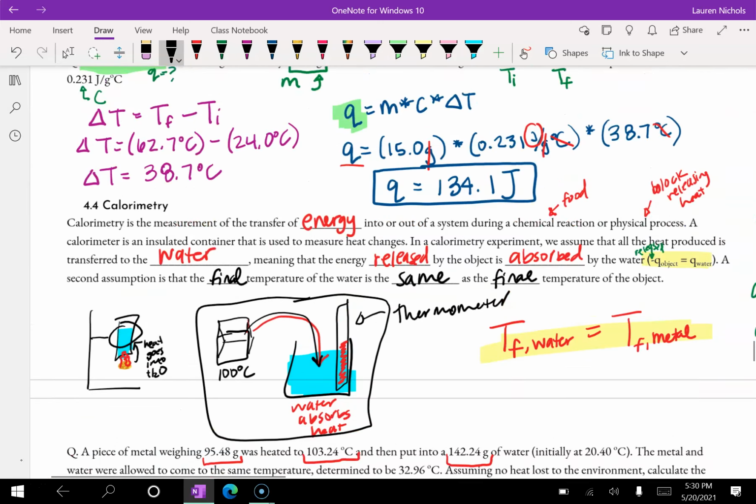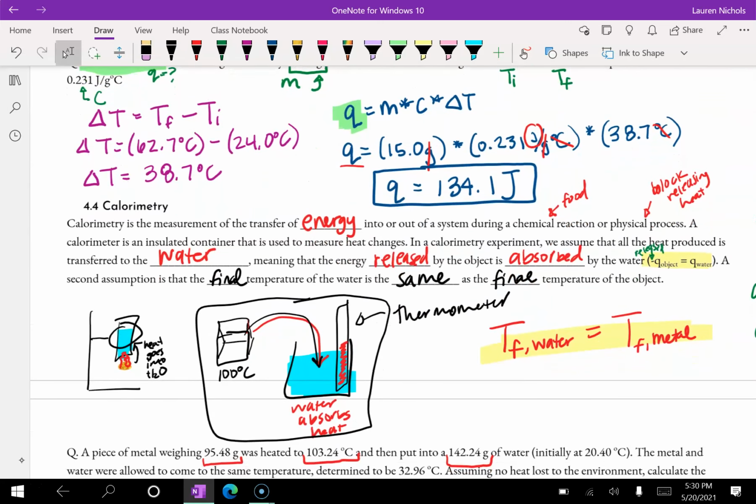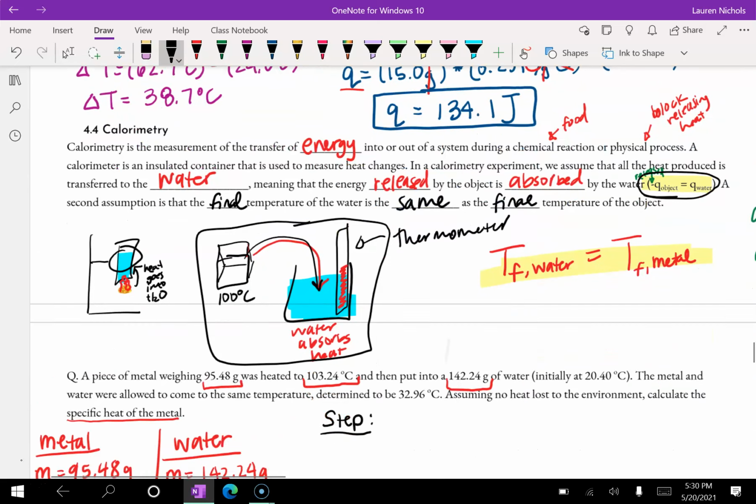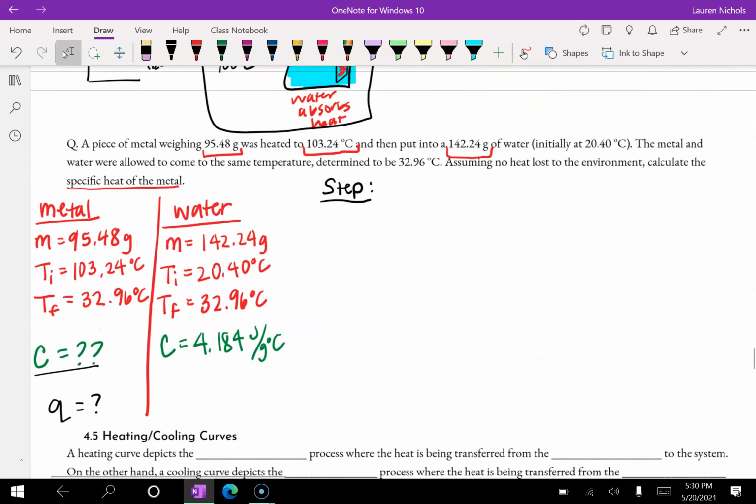So in order to do that, we use our first assumption that Q of our object is equal to Q of our water. Since we have the mass, the temperature, and our specific heat, we can actually calculate the Q of water. That means you have to use all of your numbers in your water column.